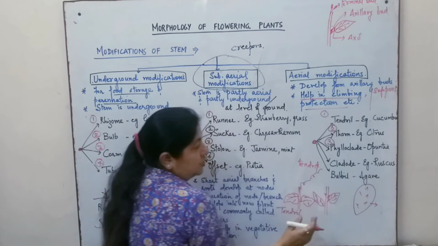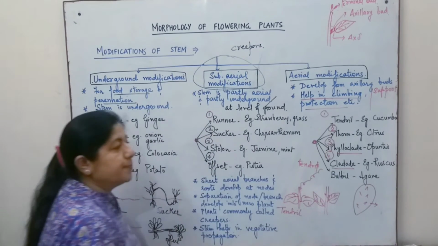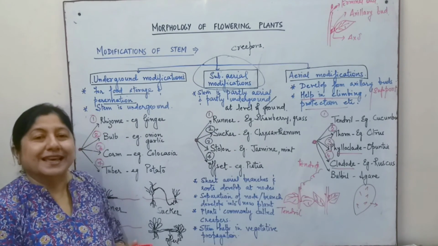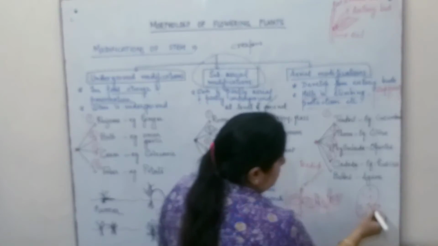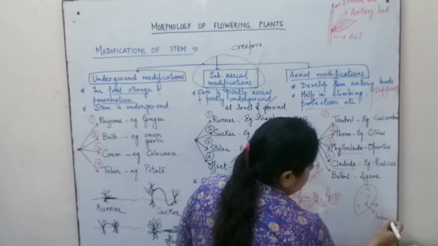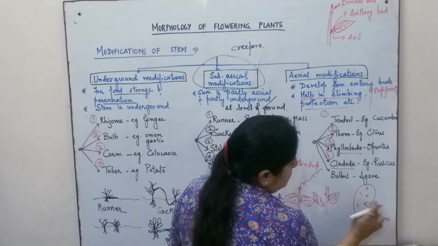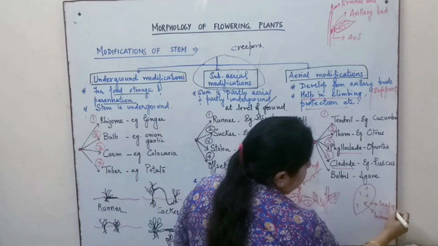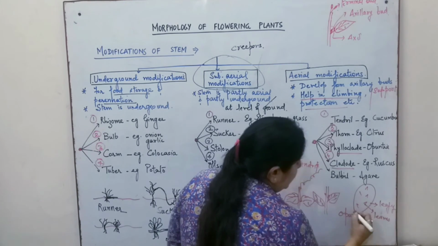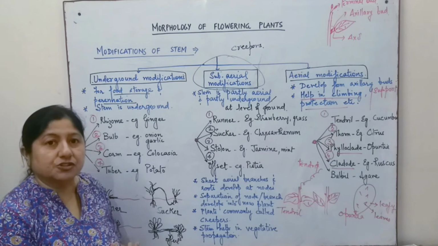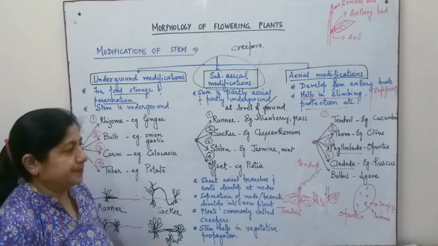Both the phylloclade and the cladode types of modification are found in desert areas, especially the phylloclade. Here the thorns or spines that we see are the leaves, and the stem modifies into a fleshy leaf-like structure. This is a modification to survive the extreme heat of the desert region.